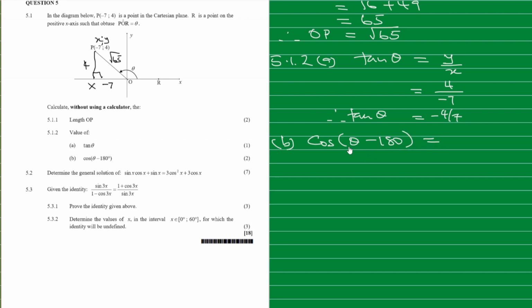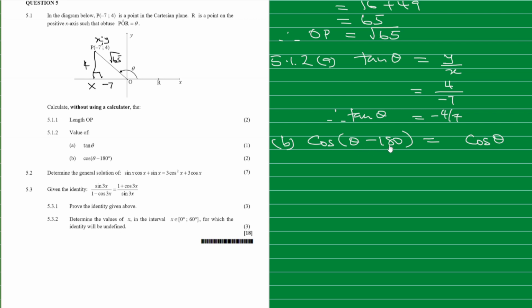When we reduce this, remember with the function values of theta minus 180, or 360 plus or minus 180, when we reduce it, the name of the function does not change. So cos will remain a cos. So we are going to have a cos, and the theta minus 180 is replaced by theta.